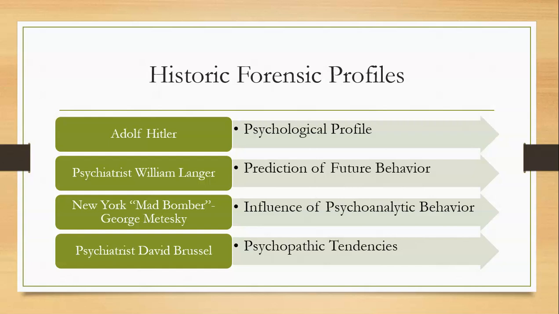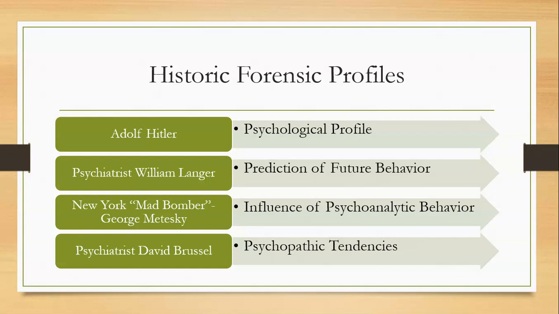And within this, if we go over to psychiatrist David Brussel, who was the second most famous case of forensic profiling, that of the New York Mad Bomber, George Metesky. Brussel's use of psychological analysis to create a detailed profile of the bomber demonstrated the power of profiling in helping law enforcement narrow down suspects.